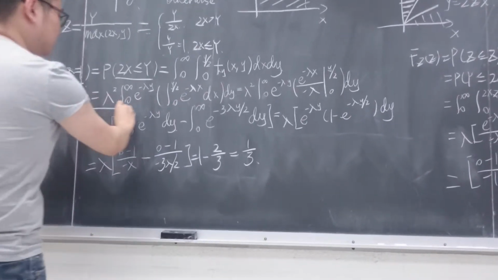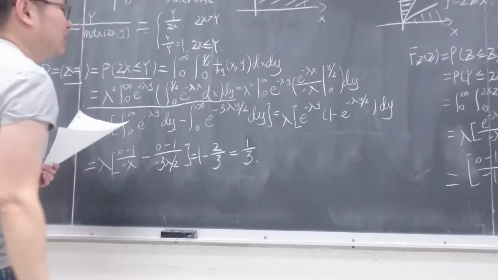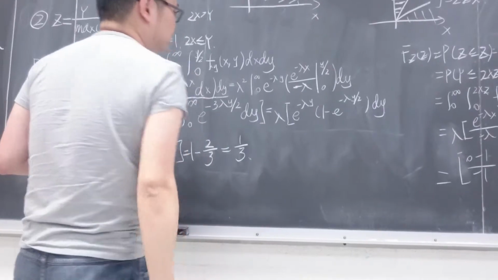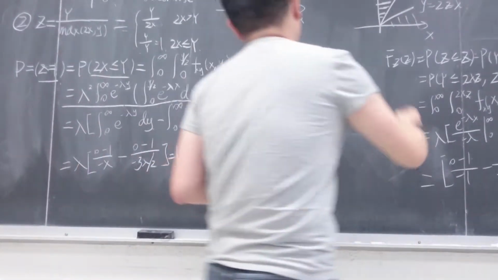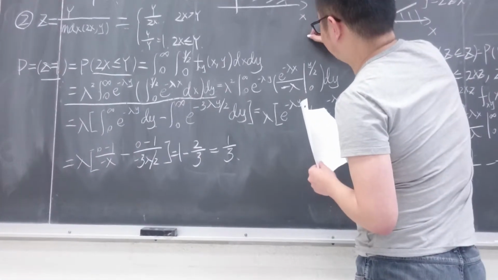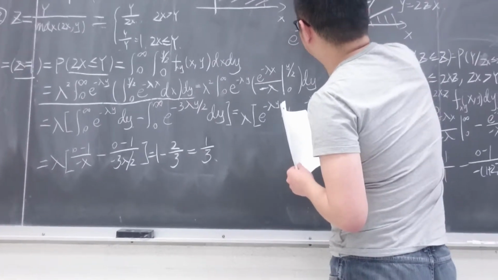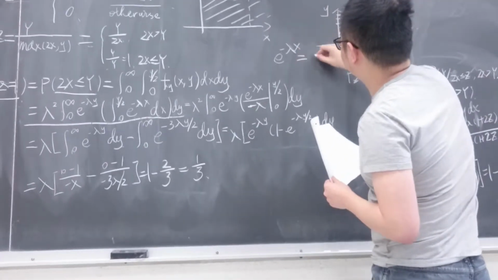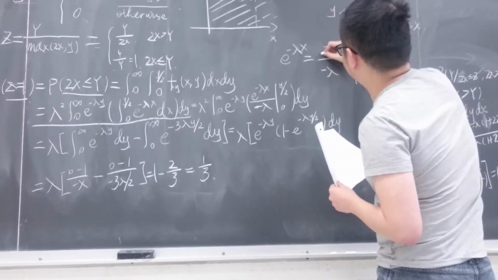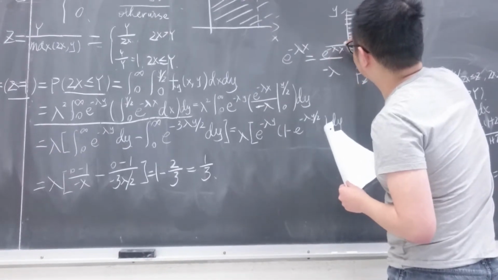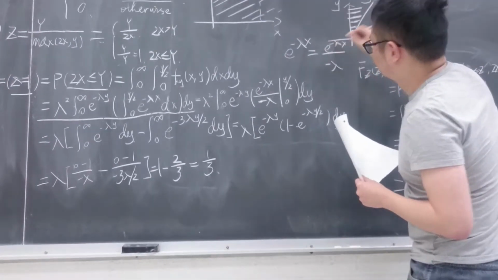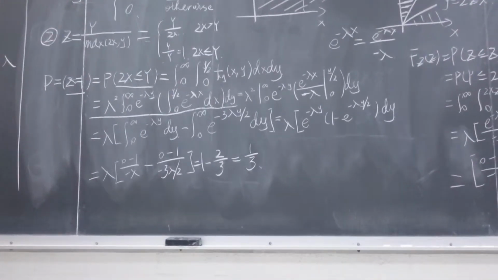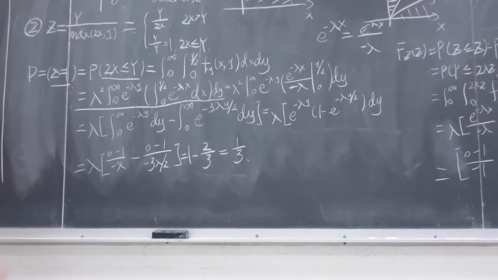This is the expansion of it, and this one is the integral of e to the minus lambda x. So let me write it down again. When we do the integral of e, this is what it would be. This is basically the calculation. I'm not going to talk more about it, as you can see, it's just on the screen.